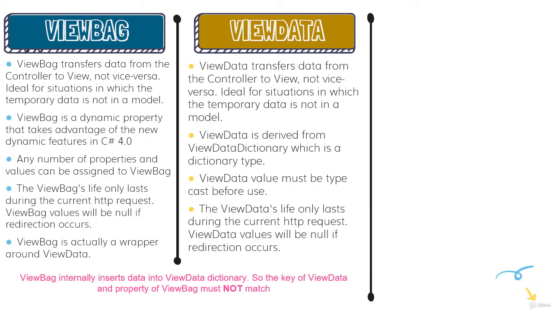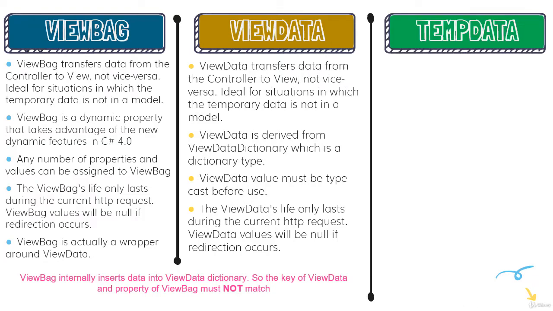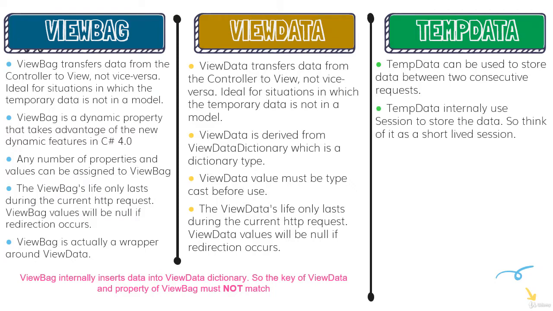If you recall from the first part, we have seen ViewData and ViewBag. I told you at that time that there is a third component called TempData. TempData can be used to store data between two consecutive requests. It doesn't matter if it's from view to controller or a view to another view. It persists the data for any two consecutive requests. TempData internally uses session to store the data, so think of it as a short-lived session.